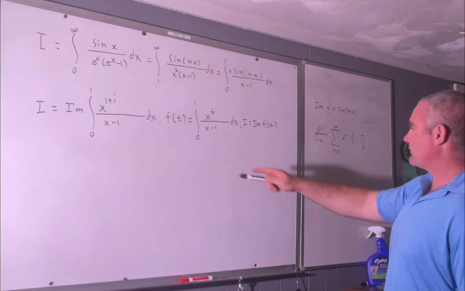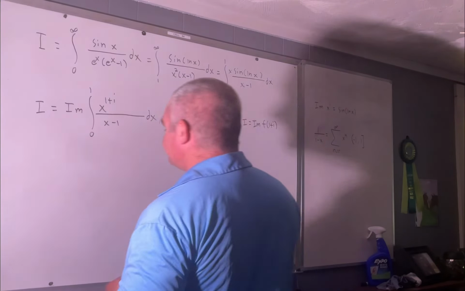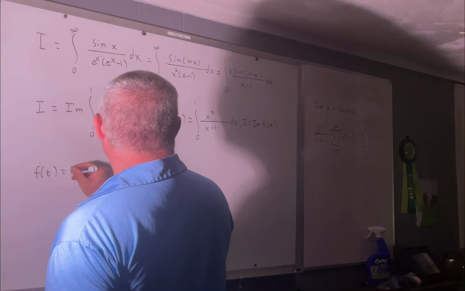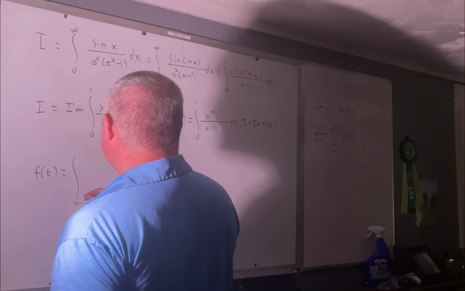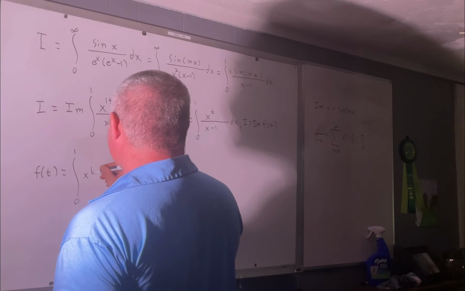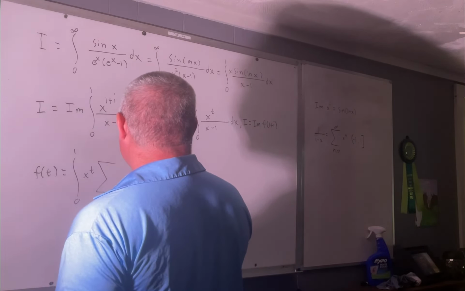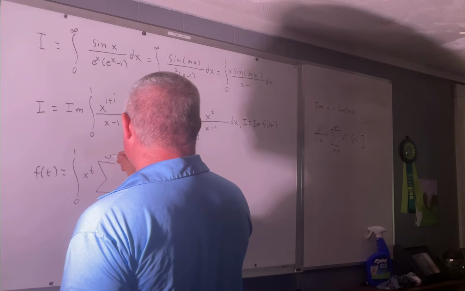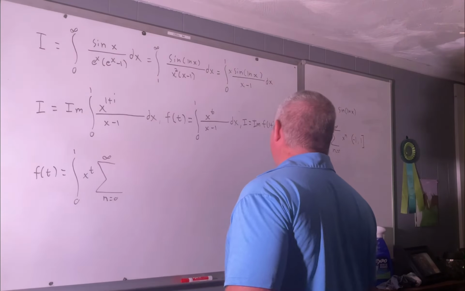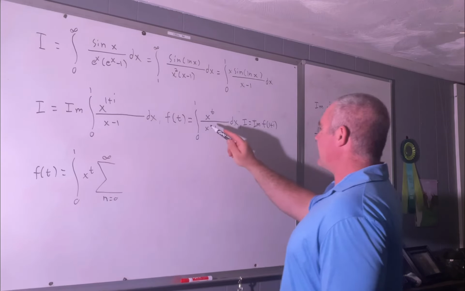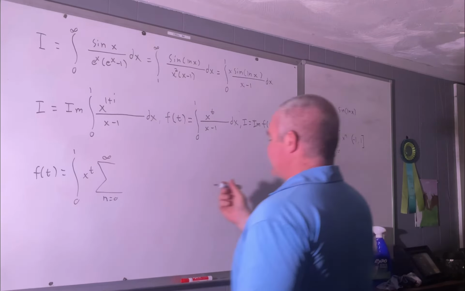Okay, so now let's rewrite our f of t. So that means f of t is equal to the integral from 0 to 1 of x to the t times the sum as n goes from 0 to infinity of, well, let's see, we have 1 over 1 minus x here, but we have 1 over x minus 1 here, so that's actually going to be a negative.